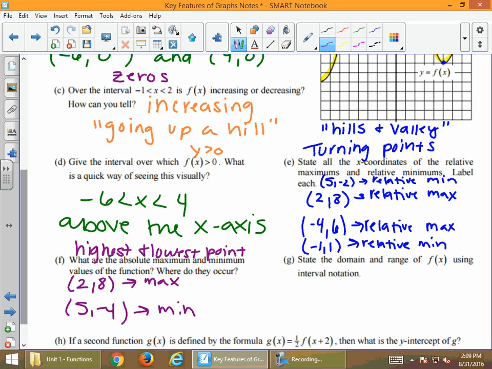Our lowest point is 5, -4. And you look at it based off the y value. So if it's relative, you're literally just naming the turning points. Where am I changing direction? Top of the hill, bottom of the hill. If it says absolute max or min, it's literally what is your highest point on your graph and what is your lowest point on your graph.